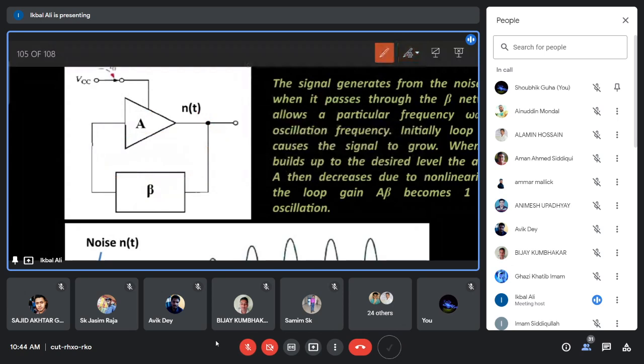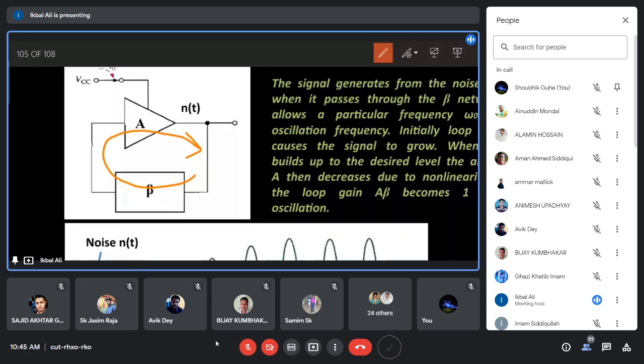So initially, what is the gain of this loop? When the noise signal passes through beta, it will be multiplied by beta. When the signal travels through the amplifier A, it will be multiplied by the gain of the amplifier. If you put A beta equal to 1, then for one round trip journey of the noise signal, it will get the same magnitude.